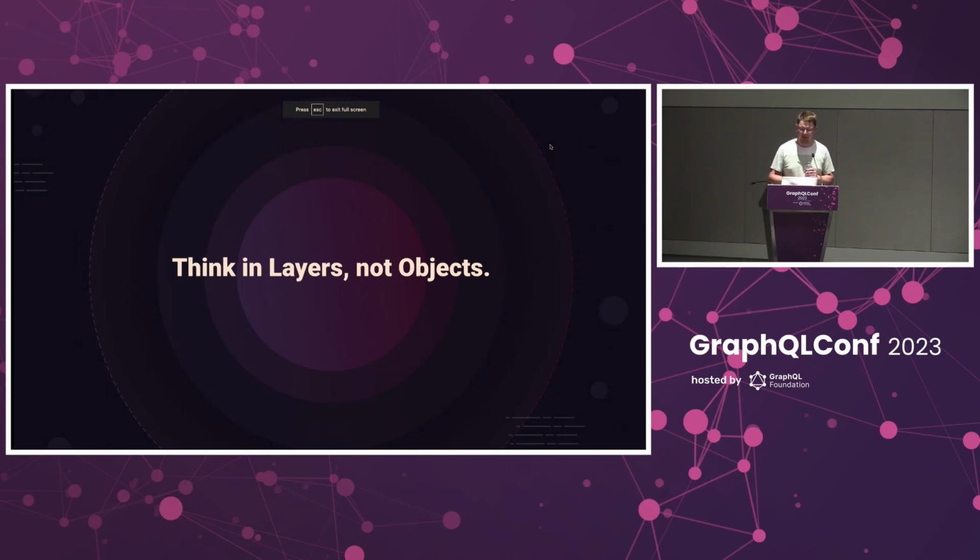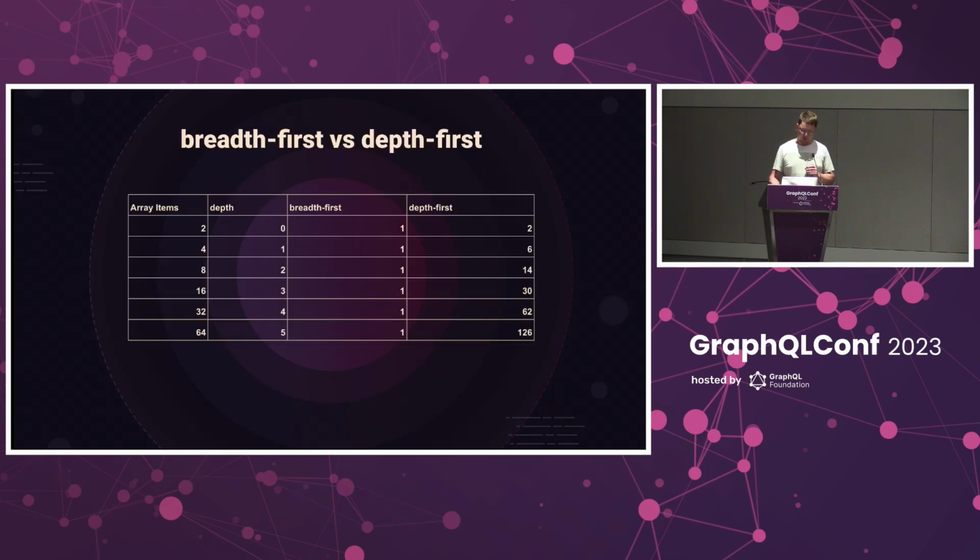So, takeaways. Think in layers, not objects. What we can see if we scale this a bit, if we have 2 array items at depth 0, and then 4 array items at depth 1, and so on and so forth, you can see that breadth first and depth first, the unit is threads.